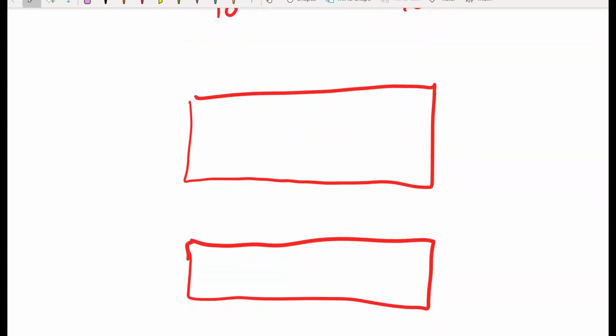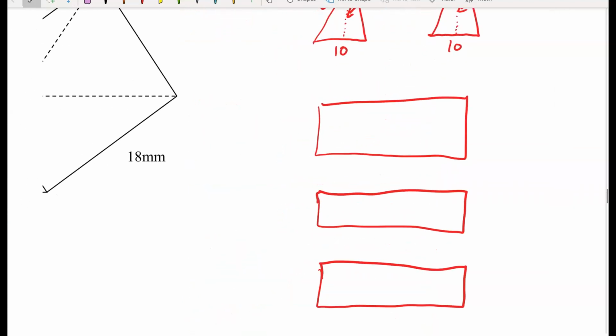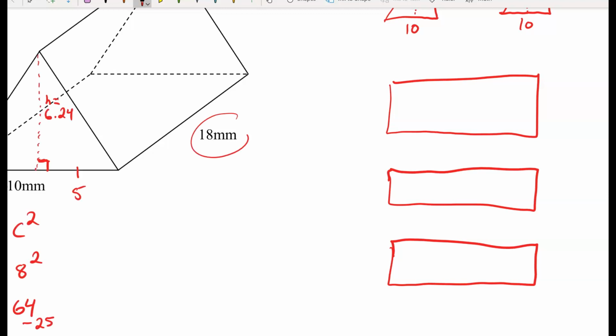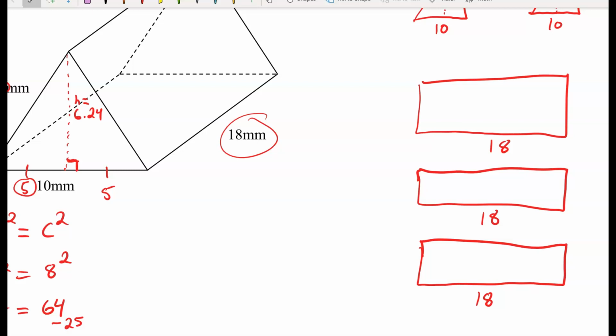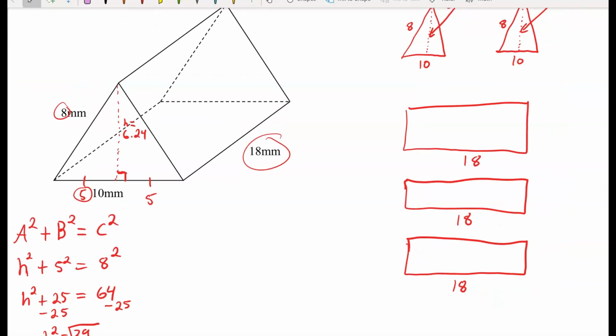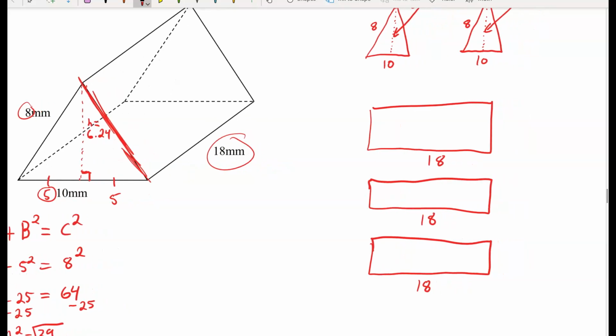Now we can do our three sides. If we use one here, we have 18. So 18 is going to be our consistent part because it's our width for all of them. So 18 again and 18 again. The next thing we need to look for is the length from here to here, which we know is 8.